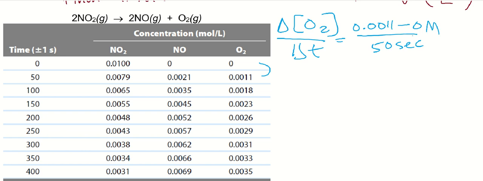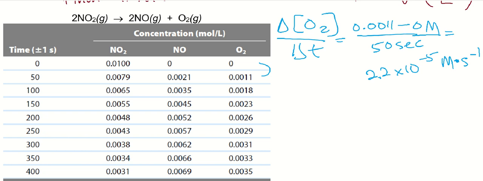All right, this is molarity. Punch that in your calculator, you're going to get 2.2 times 10 to the negative 5 molar per second. And oftentimes we're going to rewrite that second in the denominator as seconds to the negative 1.